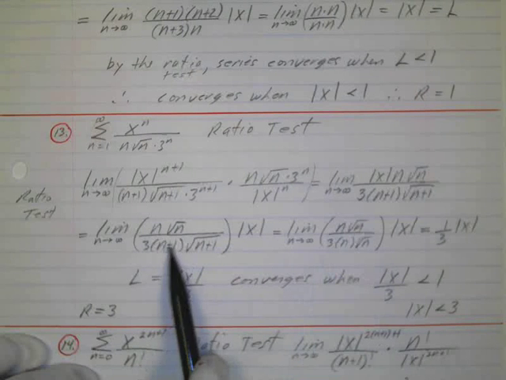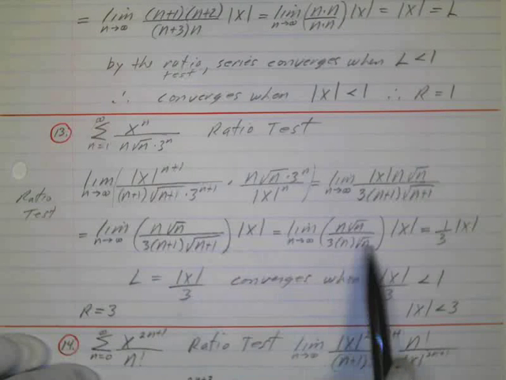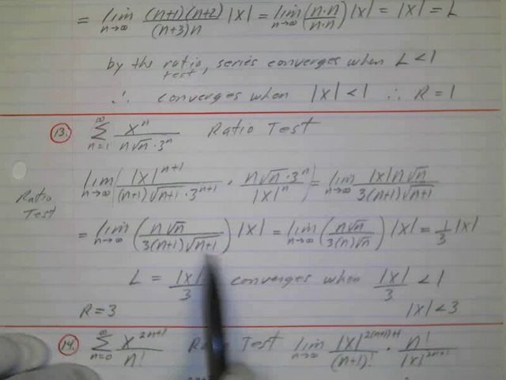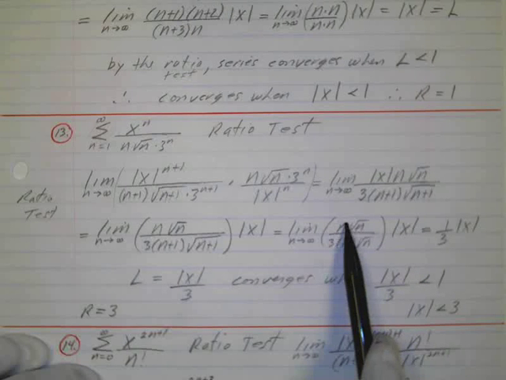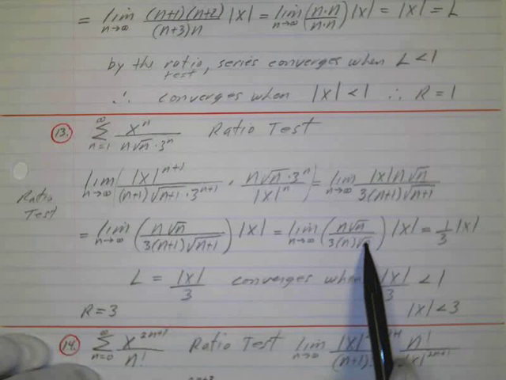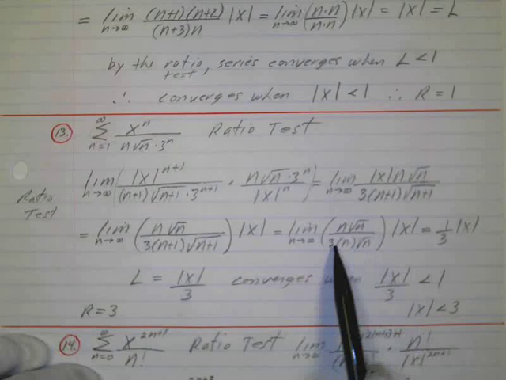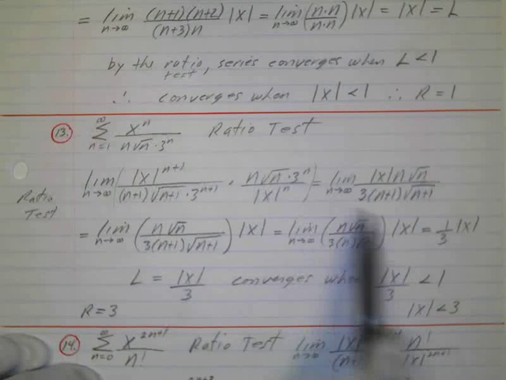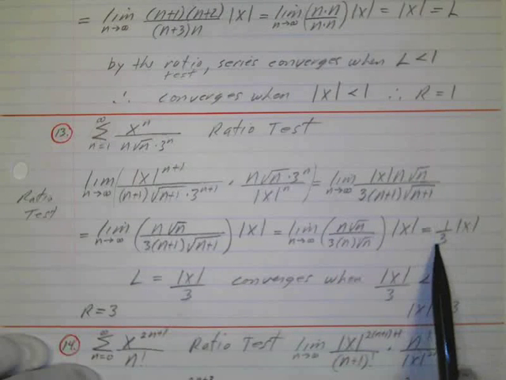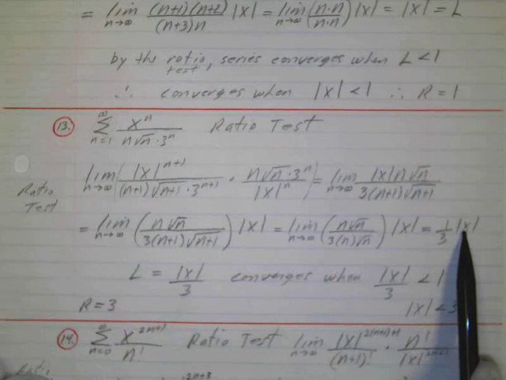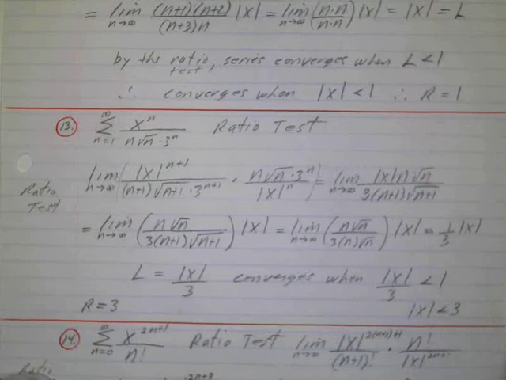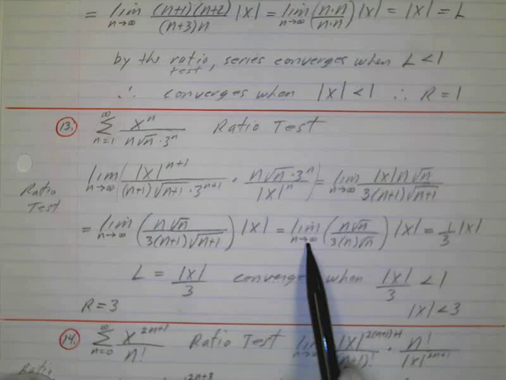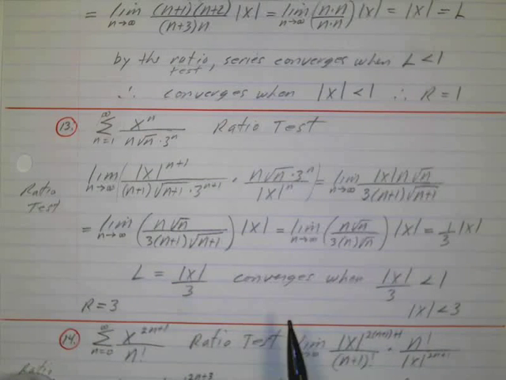As n becomes very, very large, the 1s are insignificant, so they'll go away. And we have n over n is 1, square root of n over square root of n is 1, so I just have 1/3. So I end up with all this limit being 1/3 times the absolute value of x. And that's going to be my L. That's the limit as n approaches infinity.